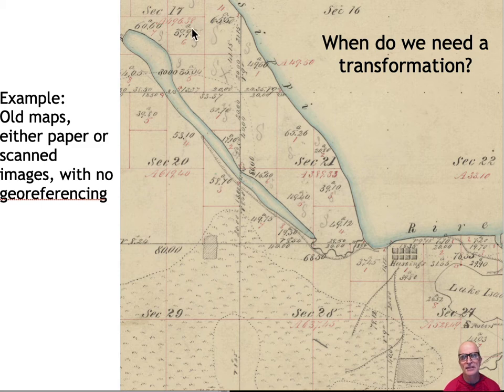This map, because it has the section corners, and I can find those section corners today, I could use those to pin the map down into a real coordinate system. If I were to scan this, it has an arbitrary coordinate system, scanner inches or pixels from the lower left or upper right corner, and I can't use a projection or some other method to get those basically pinned to a known set of coordinates.